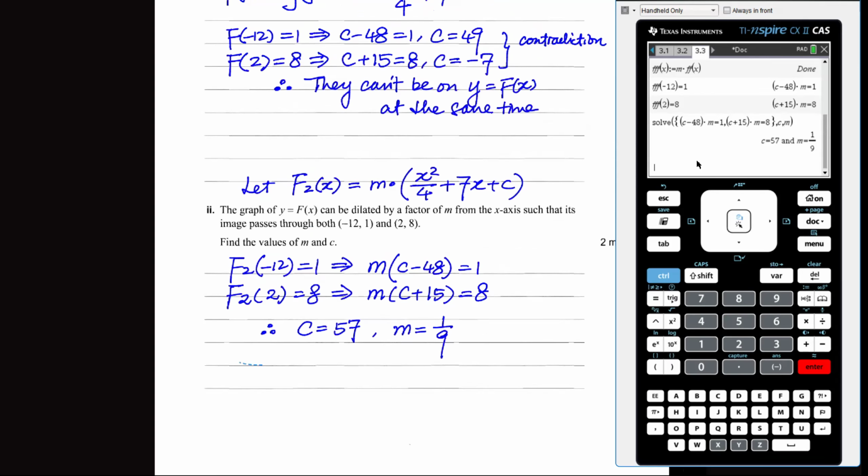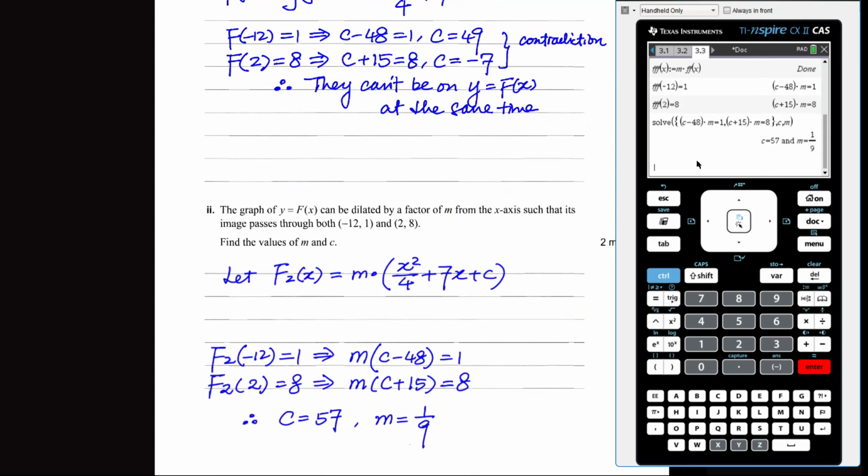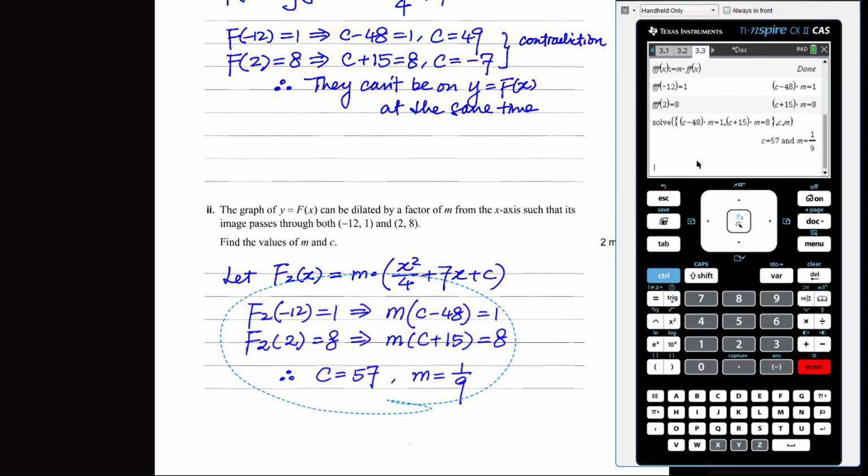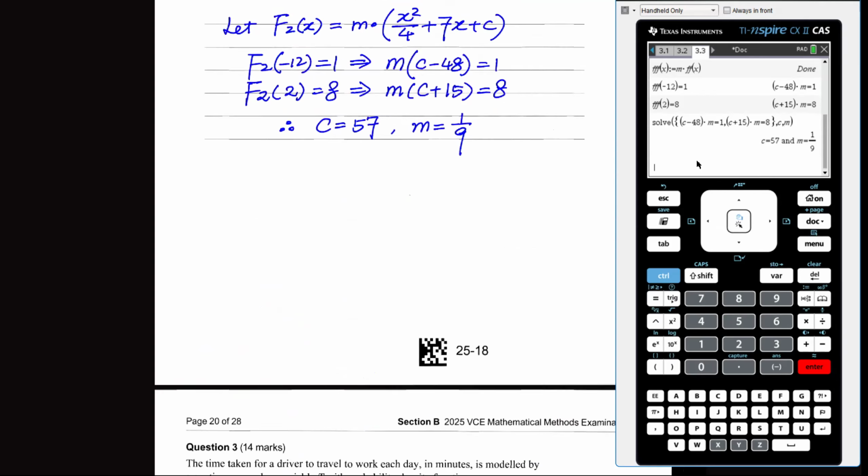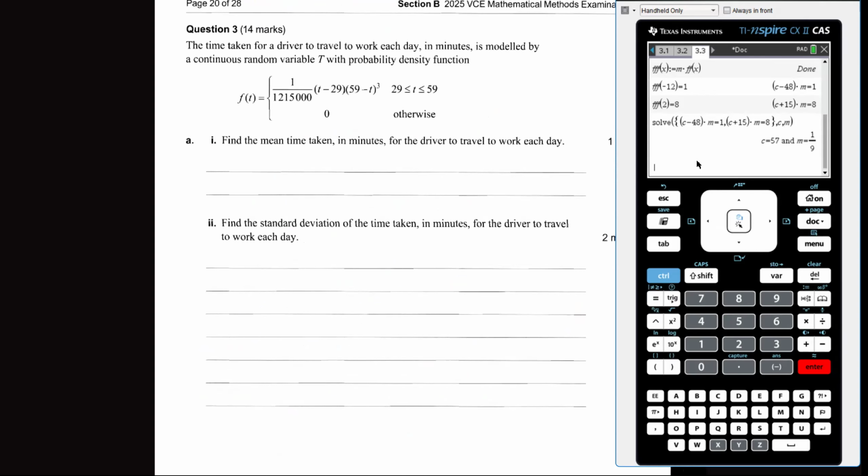Okay, so that's pretty much everything I need for this question, I suppose. Let's move on and then look at the next question. Okay, mean and standard deviation, pretty chill.